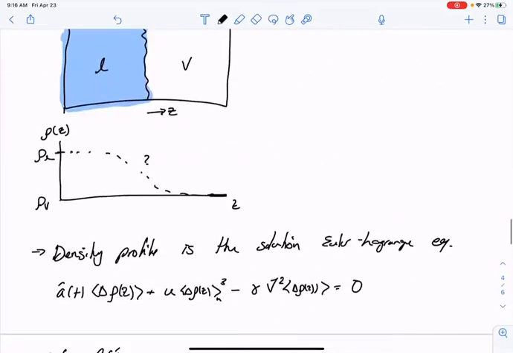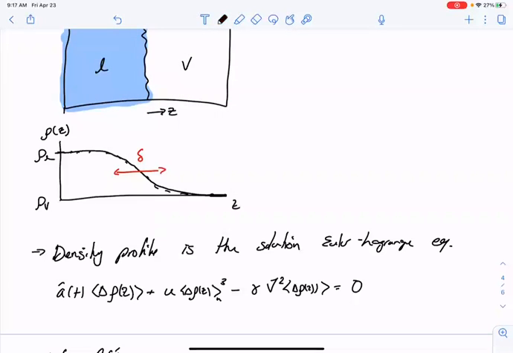So a reasonable expectation is what I've drawn here, something that smoothly varies between the liquid and its vapor. Now, there will need to be some characteristic scale over which that interface varies, and let's call that scale delta.